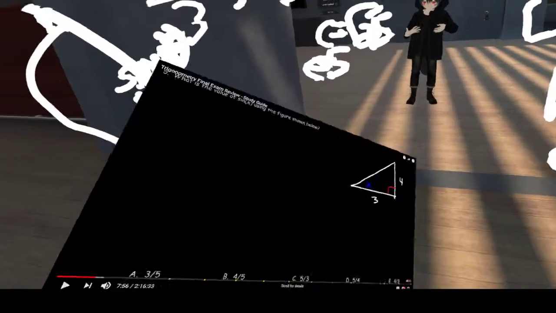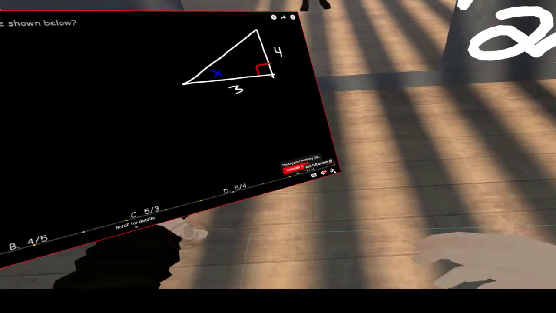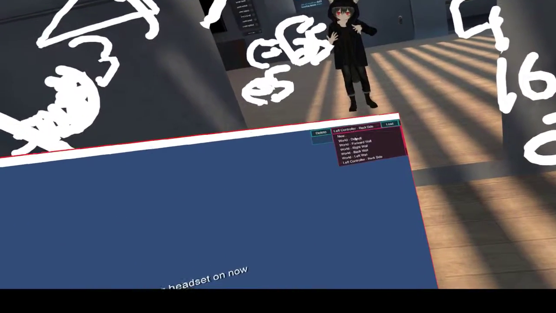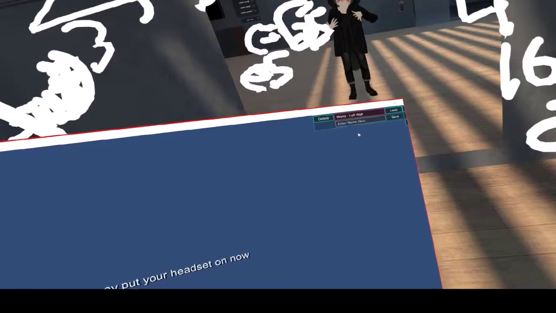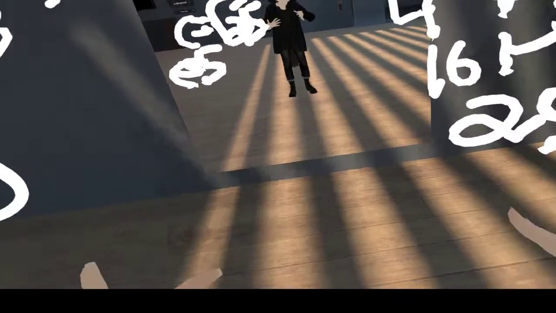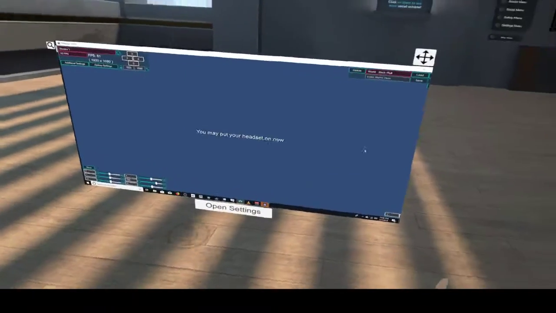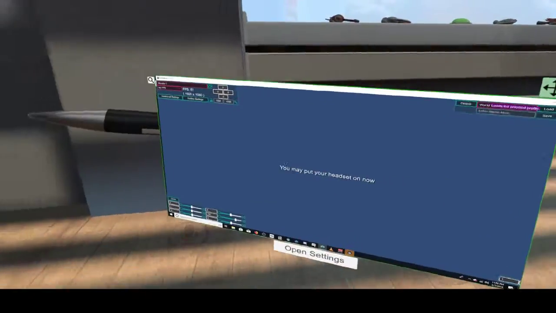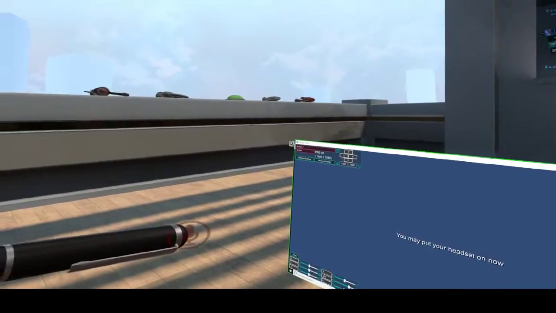But there is the option to put it on the wall. In this case, it's behind me, and it can be moved anywhere, and it can be enlarged.